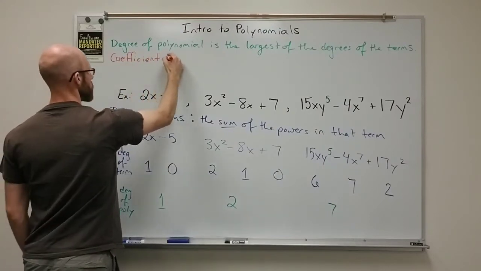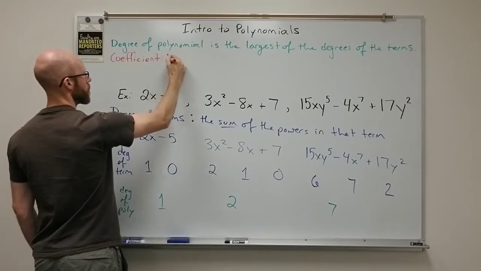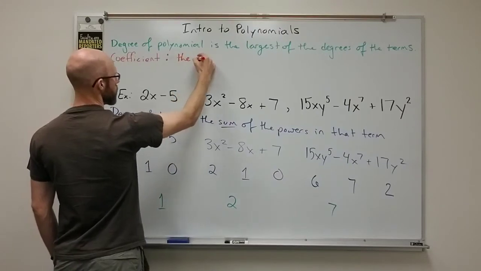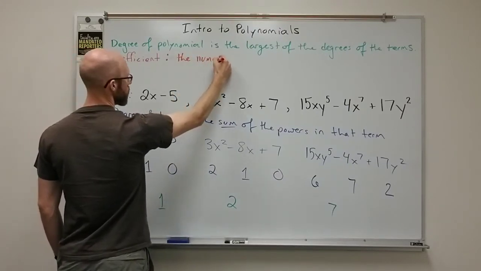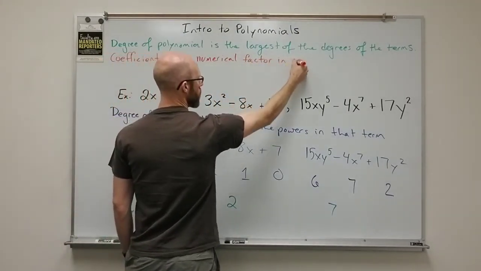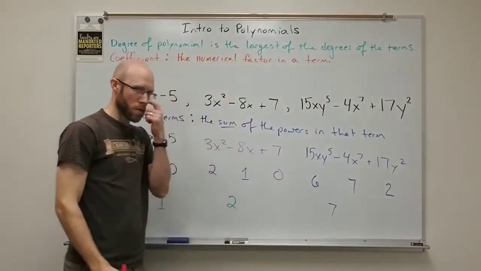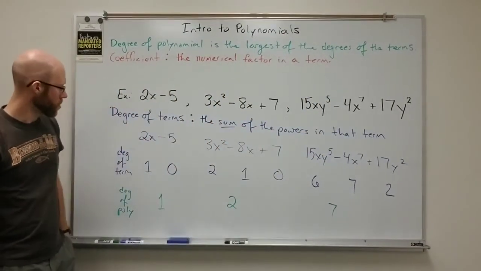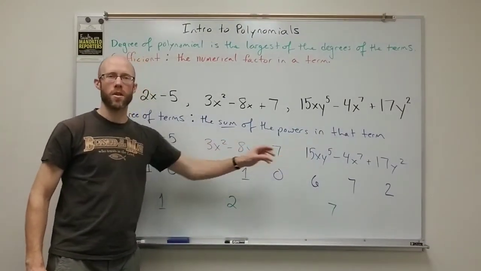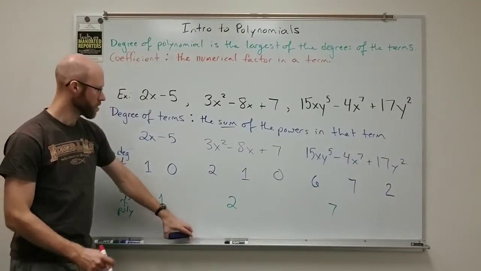The coefficient is the numerical factor in a term. Okay, it's the numerical factor in a term. So in each of these polynomials, the individual terms have a coefficient. Maybe I'll write those in here.